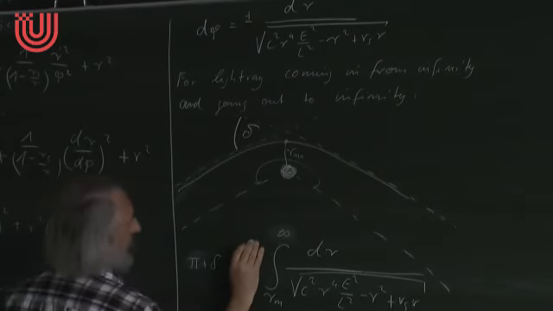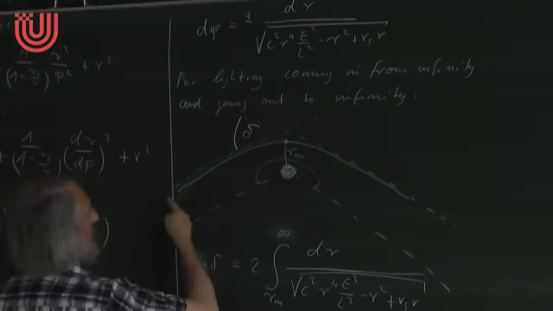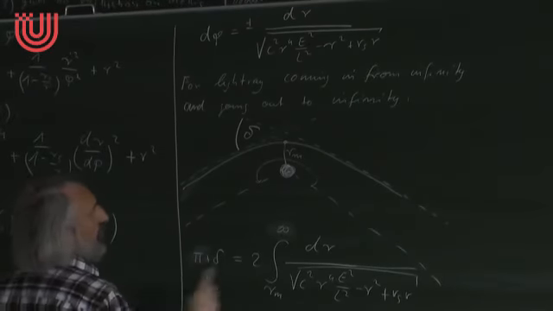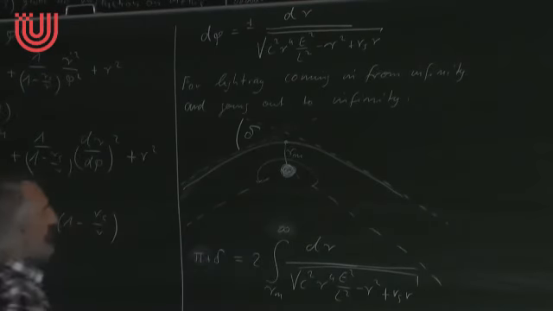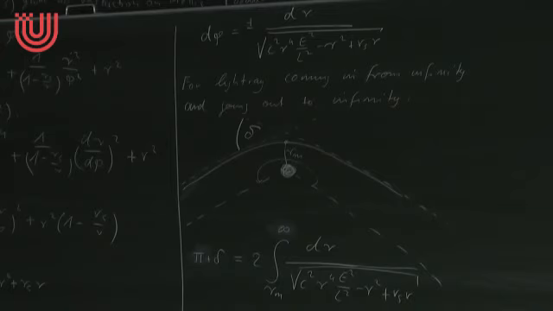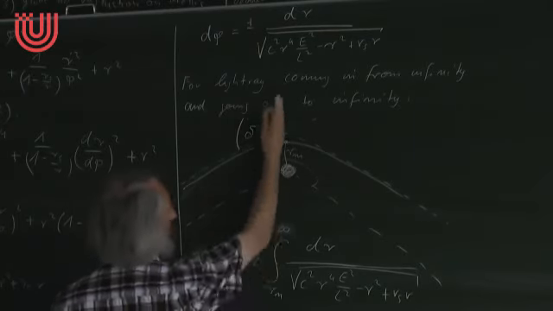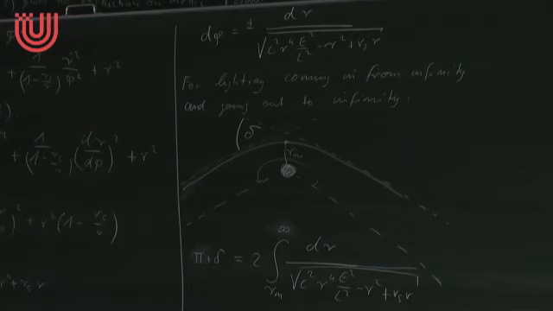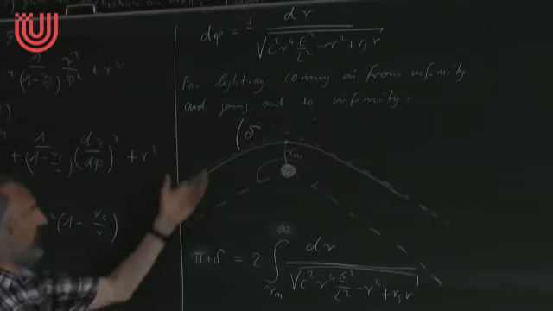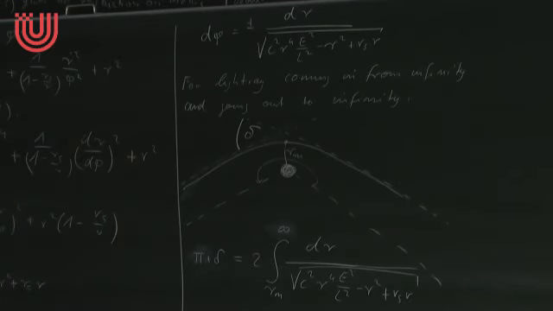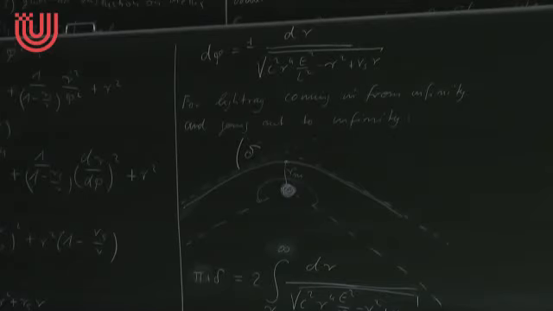If I have the integral just once, it gives the contribution from this leg. But the contribution from the other leg by symmetry must give the same increase of the angle, because the situation is symmetric with respect to this axis. So the two integrals come with the same sign, and therefore I can write just 2 times this integral. That's the way in which you can calculate the angle delta for the Schwarzschild metric.